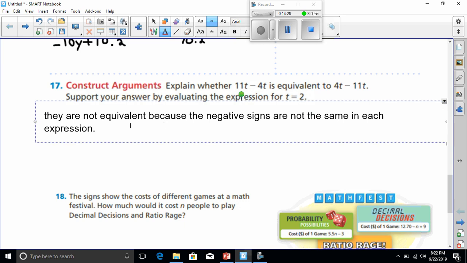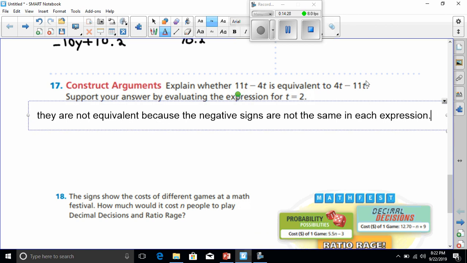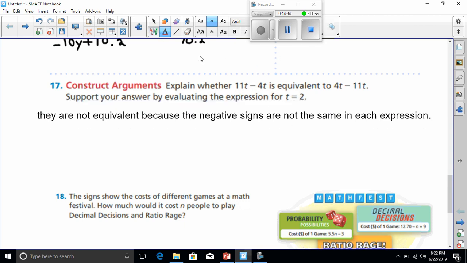Okay, now it says to support my statement, evaluating t for -2. All right, let's try that. If t is -2, if I do 11t minus 4t, well, that's going to be 11 times 2 minus 4 times 2.